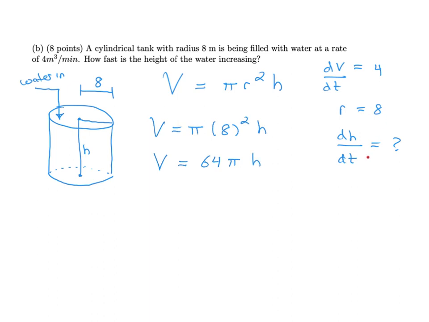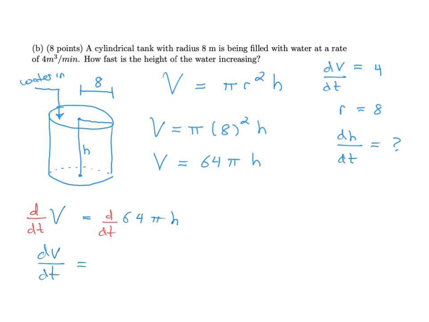To figure out this rate, by knowing this one, I'm going to take the derivative with respect to t of this equation here. So I'm taking my equation, V is equal to 64 pi h, and I'm differentiating both sides with respect to time. On the left, we simply get dV/dt.